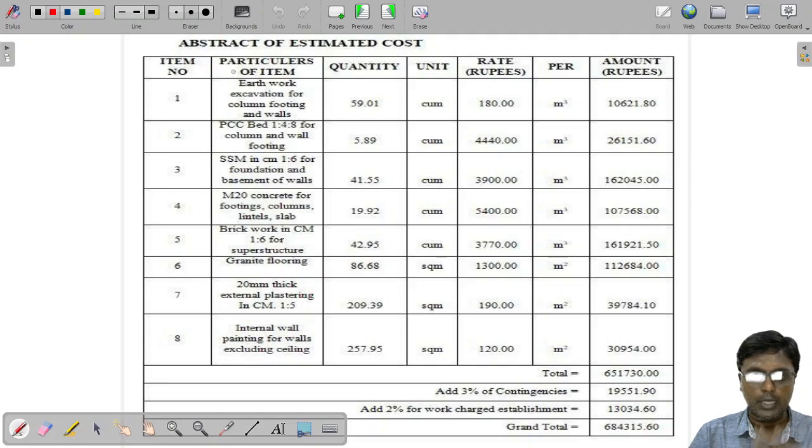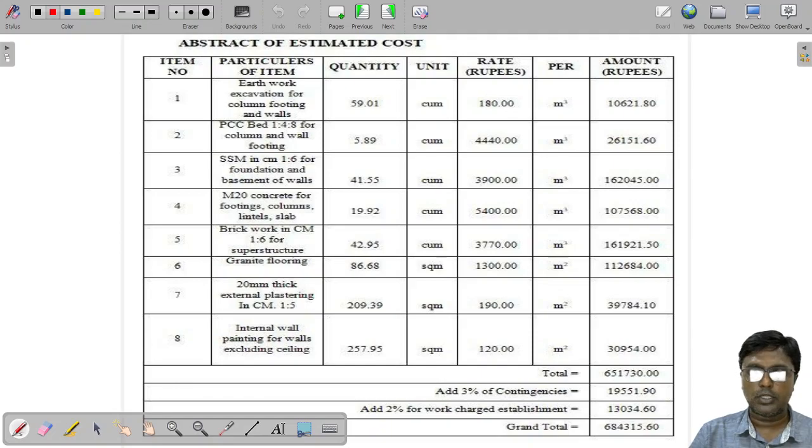What we have to do? This is the item number, particulars, quantity, unit, rate per unit, and amount, the total amount. So we have calculated as 59. The rates depend on the schedule of rates of the circle. There are different circles, as you know: there is a Bangalore circle, a Shimoga circle, a Mysore circle.